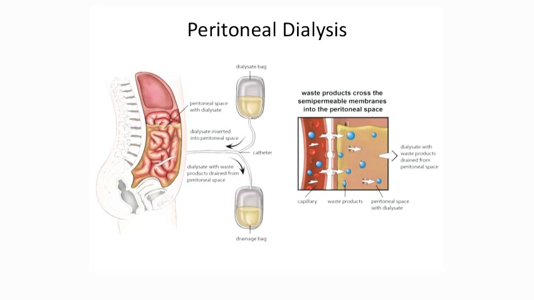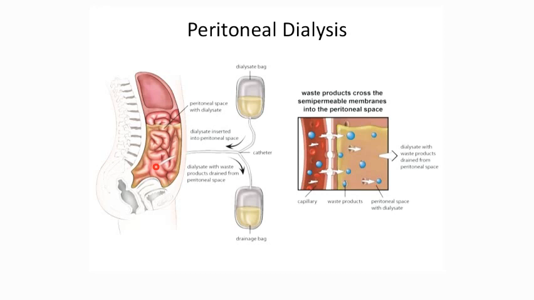What we do is, so this is the dialysate bag. The dialysate, that is a solute, is introduced into the peritoneal cavity by means of a catheter. There the peritoneum acts as a filter, and by means of the concentration gradient, all the excretory products like urea and various other things are absorbed into the peritoneal cavity.